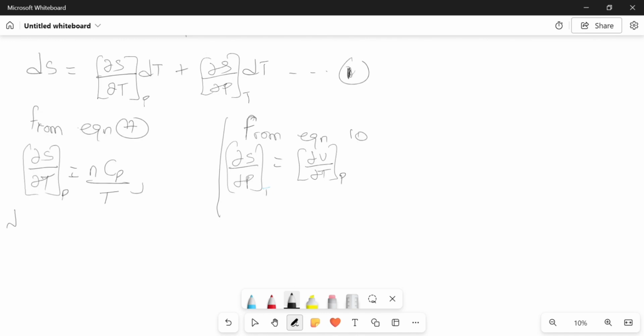So we can also say ds is equal to, instead of del S over dt, we can replace it with ncp over t dt plus, instead of ds over dp, we can relate it with del v over del t at constant pressure dp.